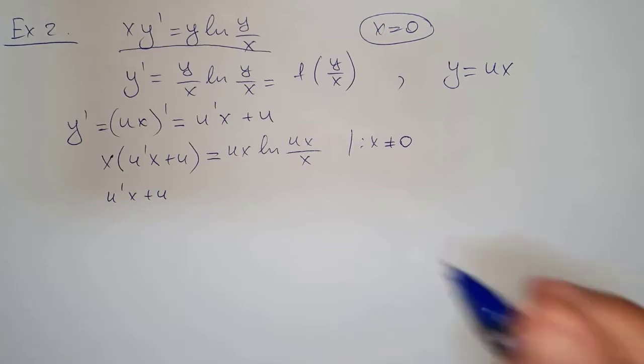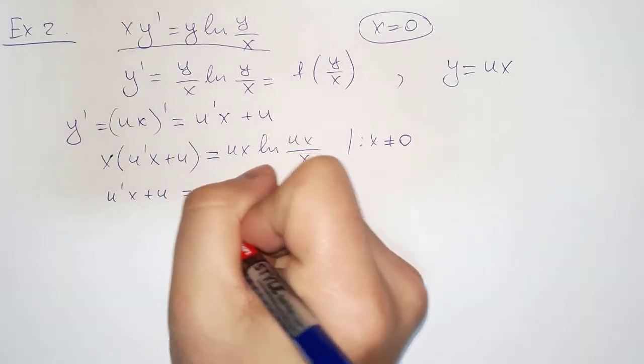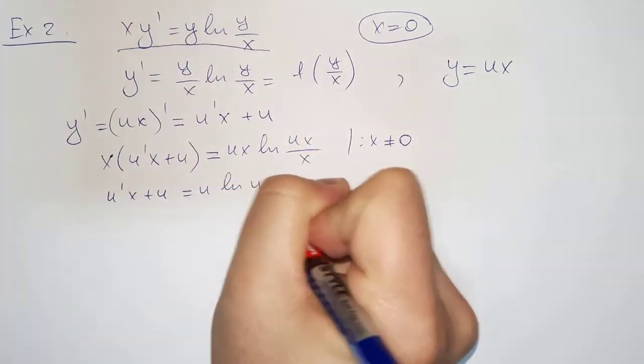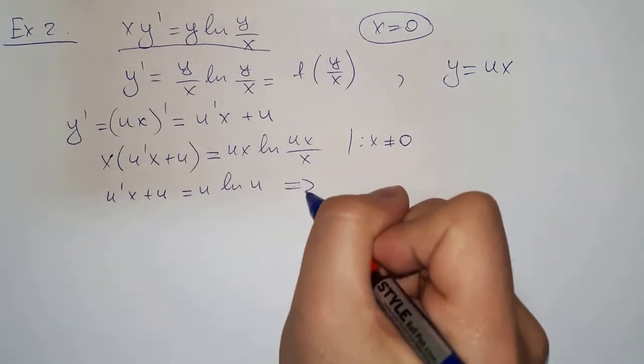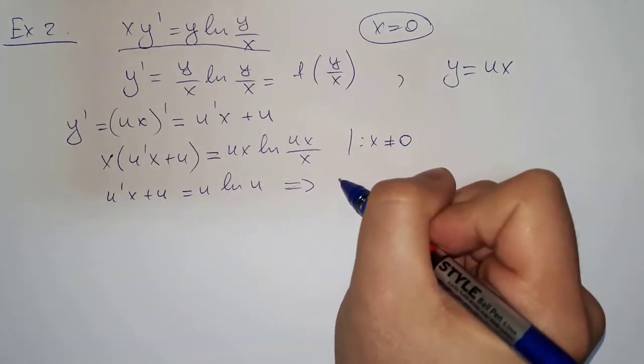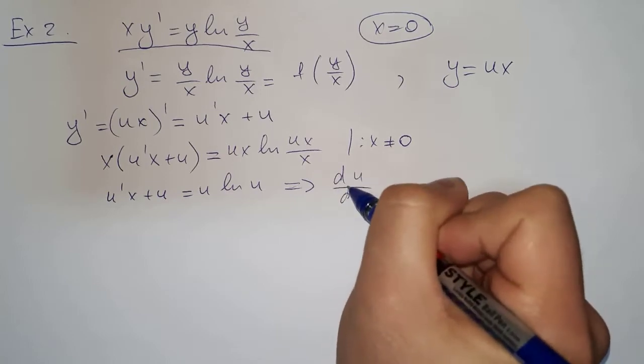Now let's divide it, and we'll get here u ln(u). They are cancelled. So what we'll get here is again a differential equation with separable variables. So separable differential equations, and here let's now write du over dx.